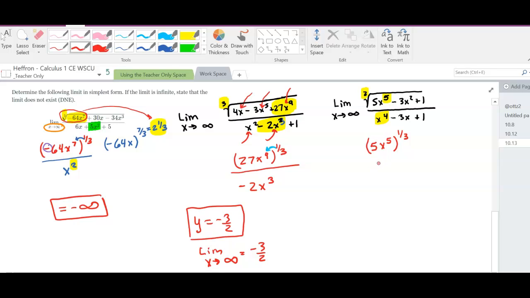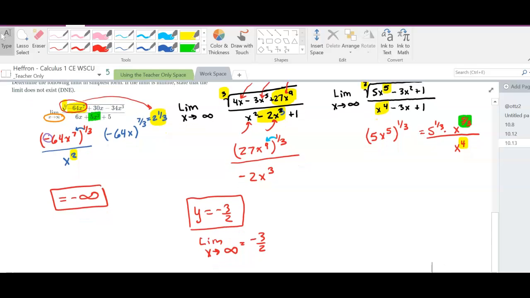And that's like saying 5 to the 1/3 times x to the 5/3. And in the denominator we have x to the 4th. Well, hopefully you can see that the denominator is bigger than the numerator. And whenever we see that, we know our limit is 0.